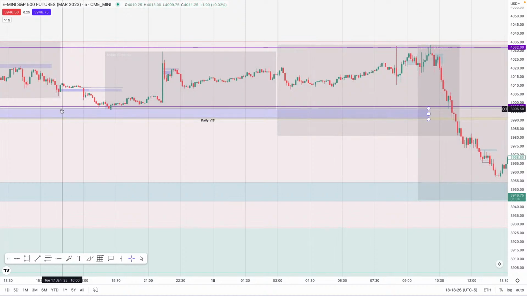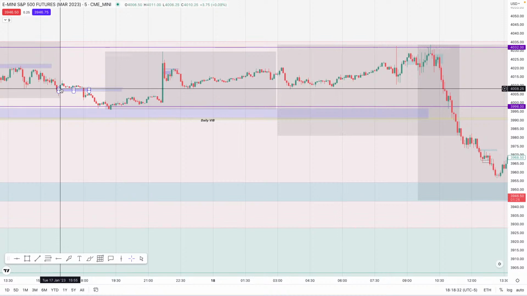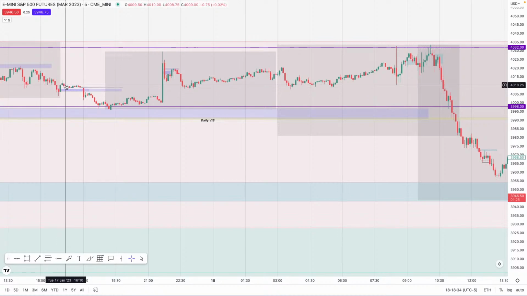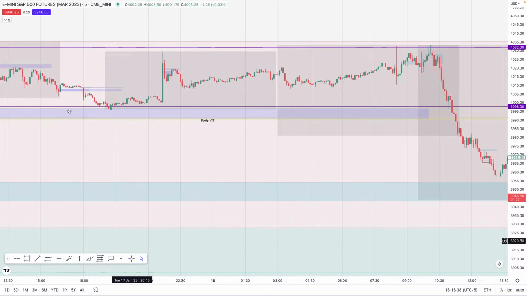So we were targeting this 39.96 yesterday. Didn't get there. We open up the day, retrace a little bit, come down. This was a BPR right here, and we had this volume imbalance right here.